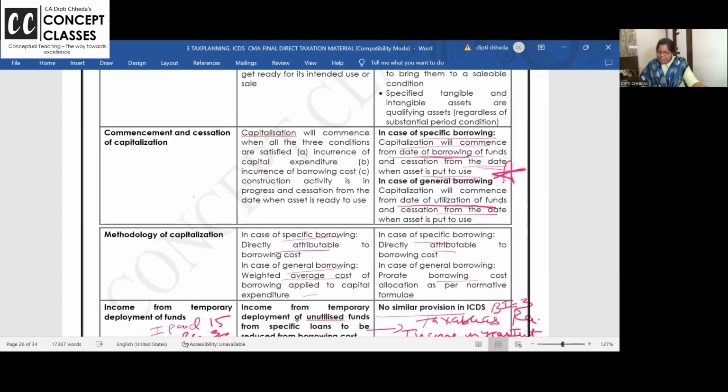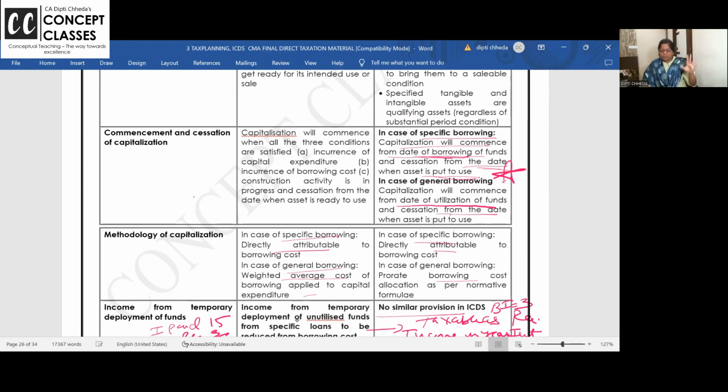General loan: capitalization will commence from the date of utilization of the funds, the day you use the funds, and cessation from the date when the asset is put to use. Clear to all of you? Once again, for specific borrowing, from the day you take the loan till the date you use it commercially, capitalize. General borrowing, not from the day you take the borrowing but the day you utilize the funds, and cessation from the date when the asset is put to use.